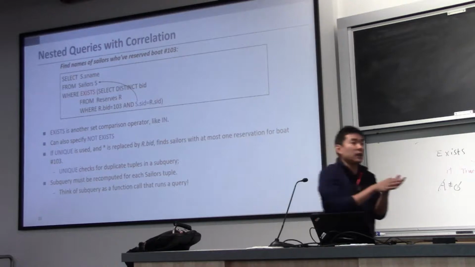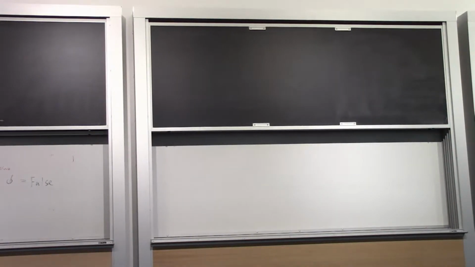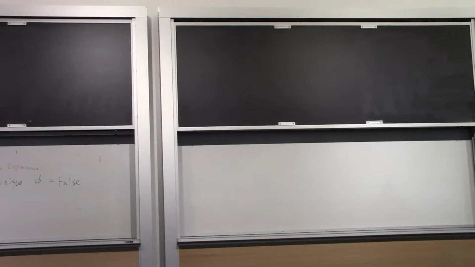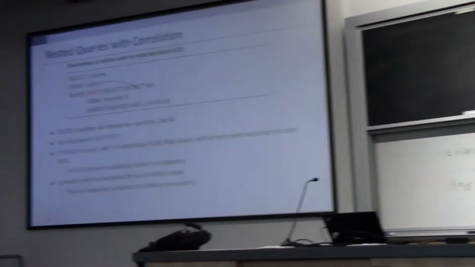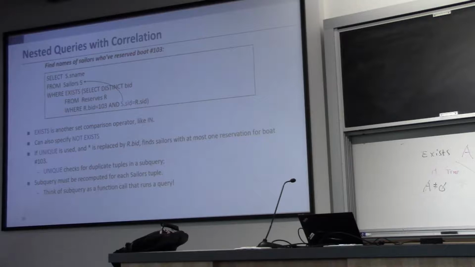Because you are simply checking whether something is empty or not. Removing duplicates does not change the fact that it's empty or not. It reduces the size of the set, but it doesn't change a non-empty set to an empty set, nor an empty set into a non-empty set. It doesn't change that property at all. Okay?